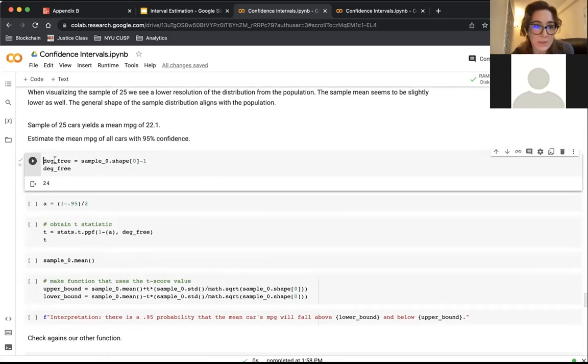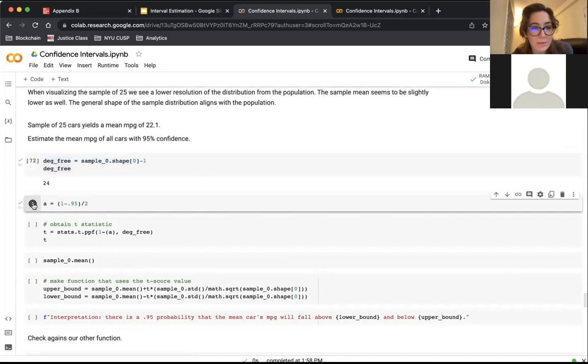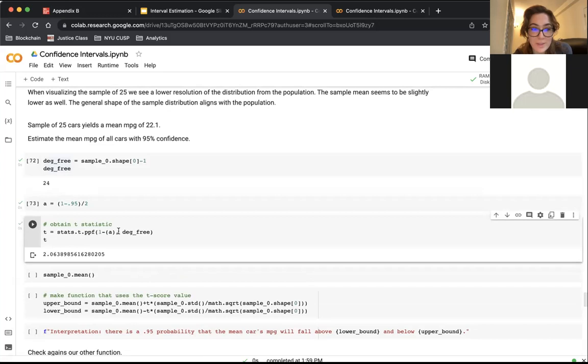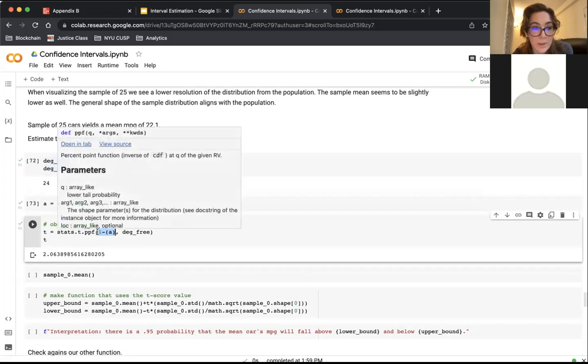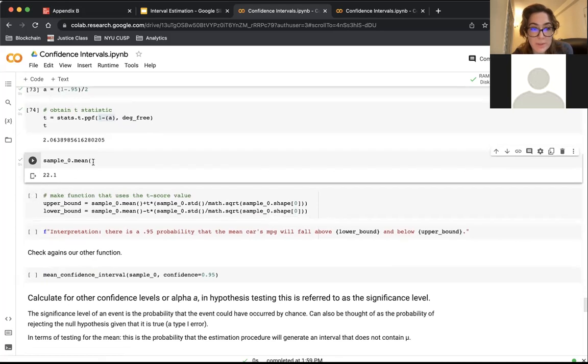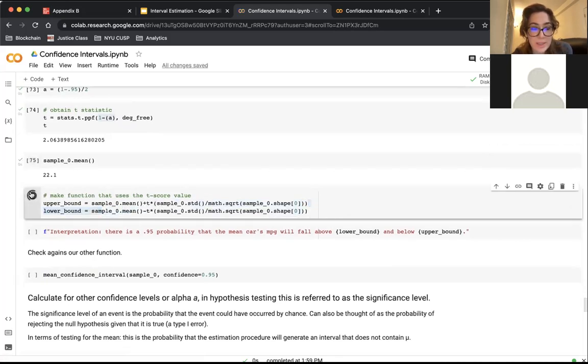So I just use degree_freedom to account for that, and take our alpha value and obtain the t statistic from this. Using degrees of freedom of 24 and our alpha value, we have this t statistic that we can now use with our sample mean, and we use our function to get the upper and lower bounds using the t-score.